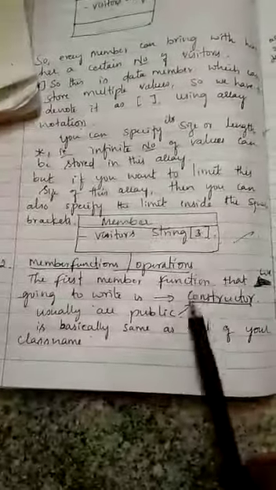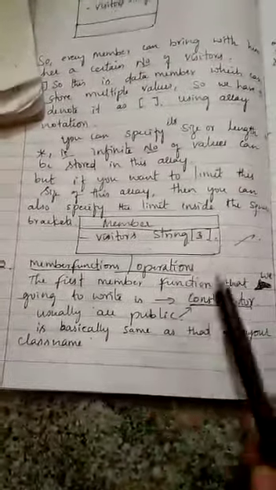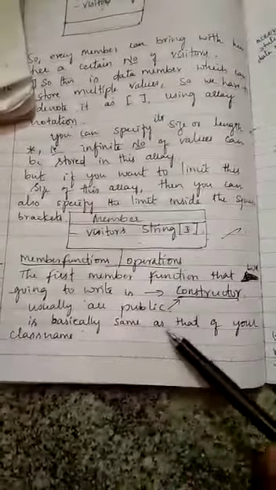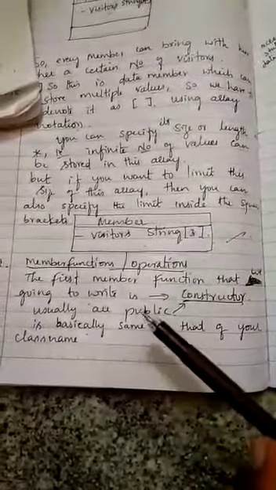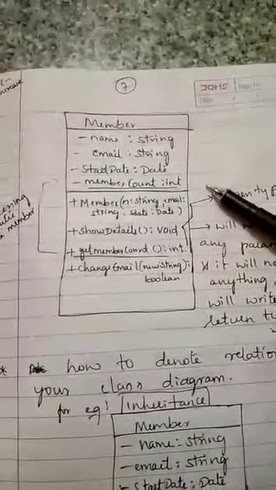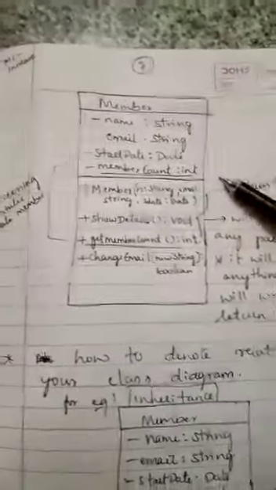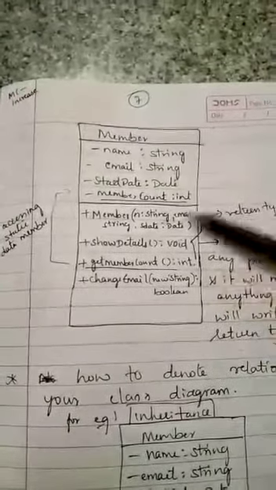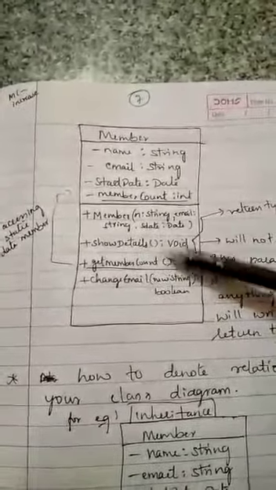So the first thing we write in the member function compartment is the constructor, which is the same as your class name. This is the first compartment, that is the class name. The second compartment is the data members, that is attributes, and the third compartment is our member functions, that is the operations we perform.